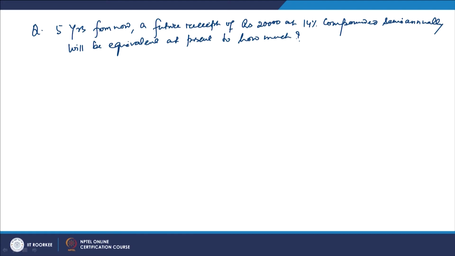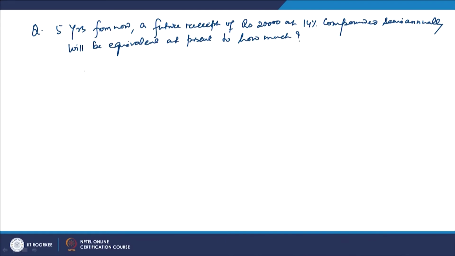So, again you have to use this concept of the frequency of compounding of interest. 14% compounded semi-annually means you are using 7% effective interest for the 6 months. And once you have 7% interest for the 6 months, then the n becomes 5 into 2, that is 10. So, n will be coming as 10.